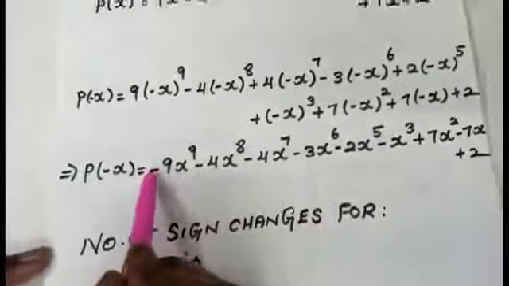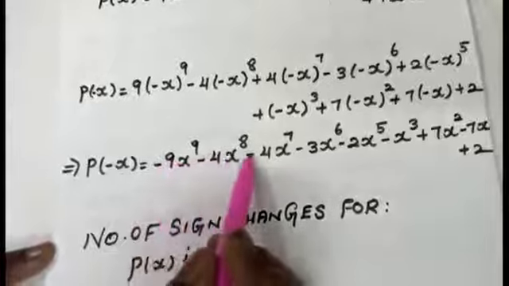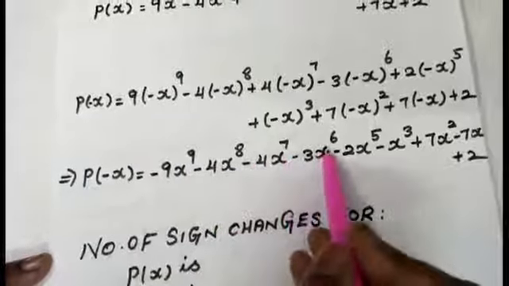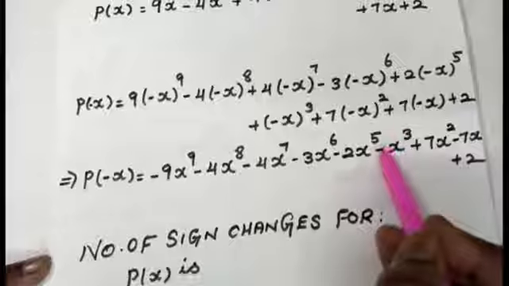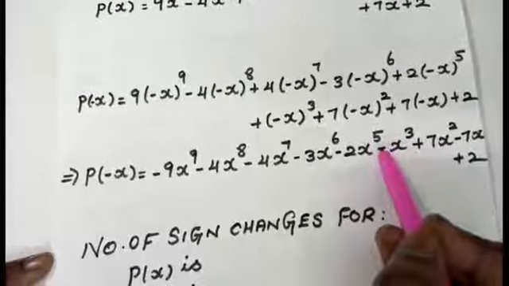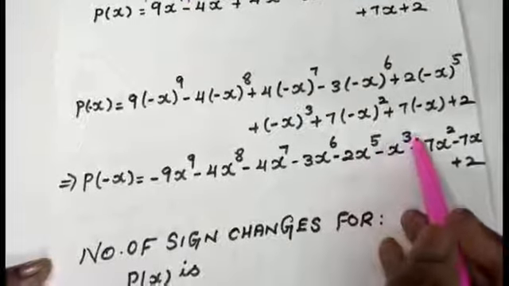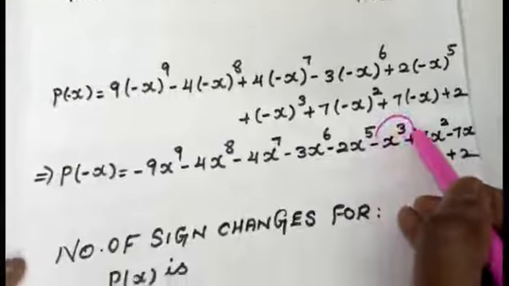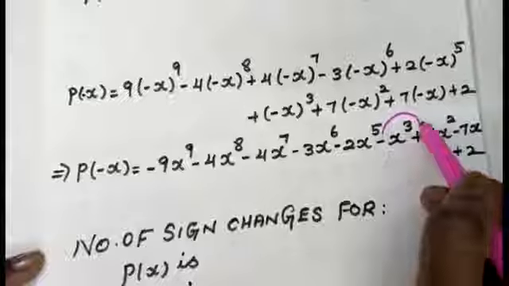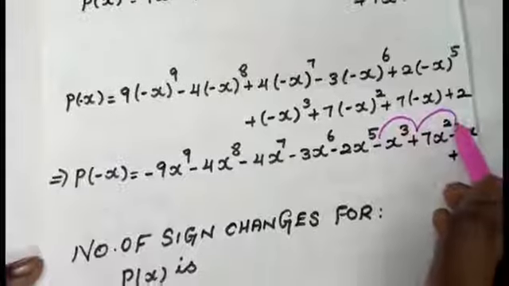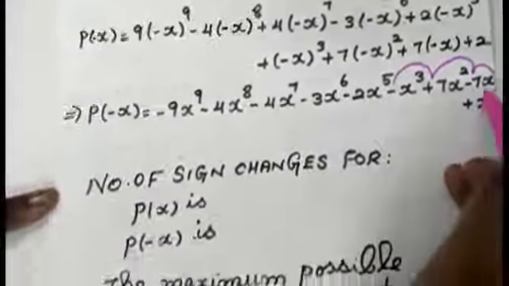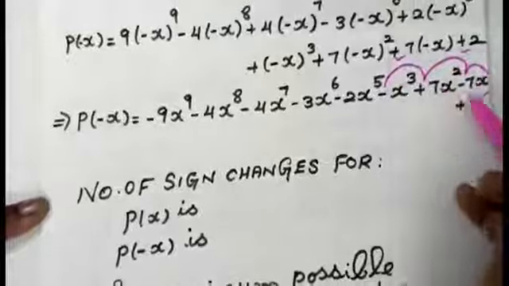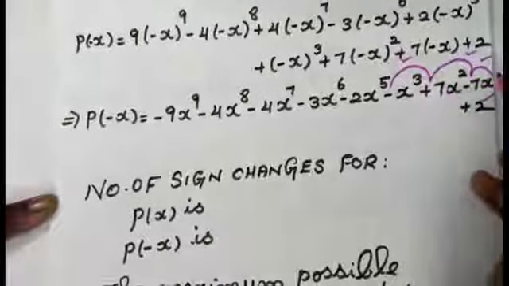Now check here: negative, negative, negative, negative, everything is negative. In this place, when I jump, I get positive. Minus into plus, one jump; again plus into minus, another jump; again minus into plus, third jump. 1, 2 and 3. We have 3 changes.